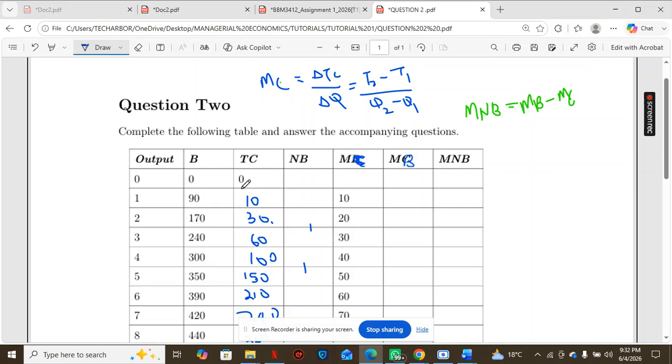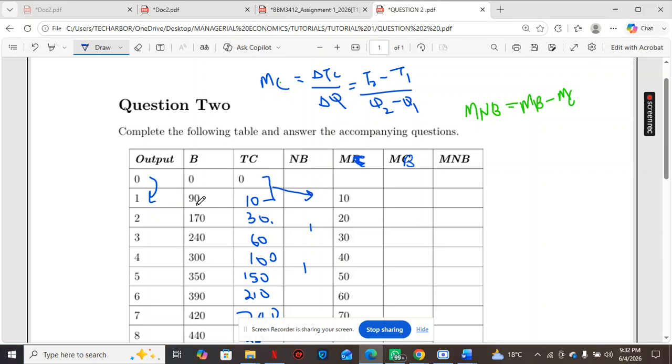So here, the marginal cost is the additional cost which comes in when you produce an extra unit. When you move from 0 units to 1 unit, the total cost becomes 10. So this is the additional cost that this 1 unit has brought. So the marginal cost, you're just going to say 10 minus 0, that gives you 10 here.